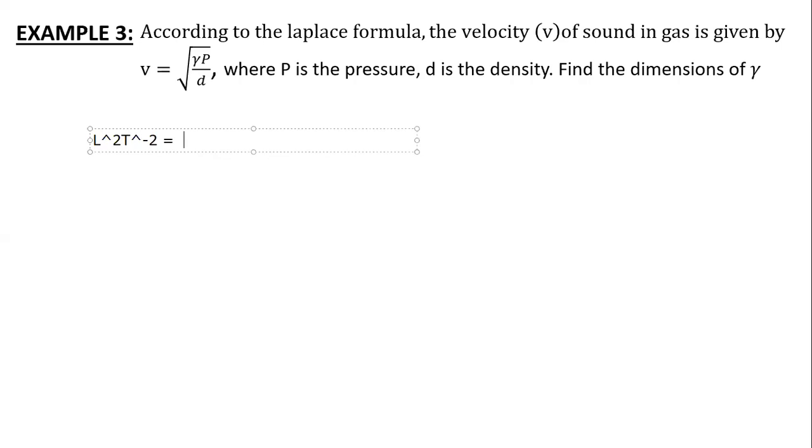The dimensions of pressure are M1 L minus 1 T minus 2, those are the powers. Into, if I talk about the density, that is kg per meter cube, so that is M1 L power minus 3.